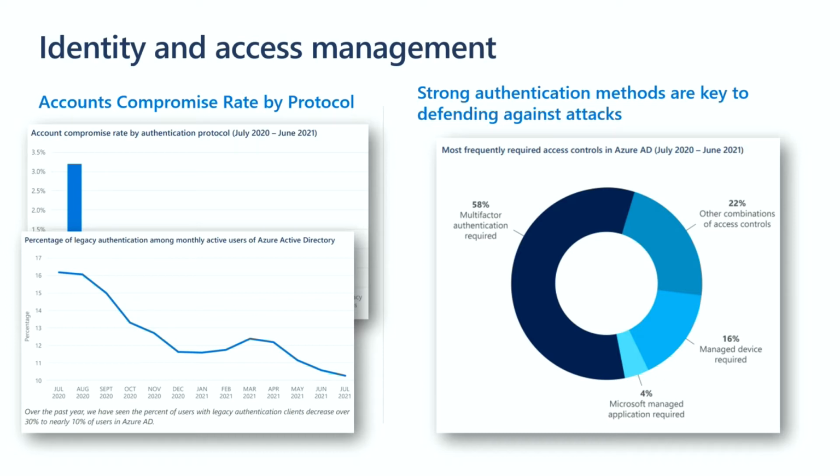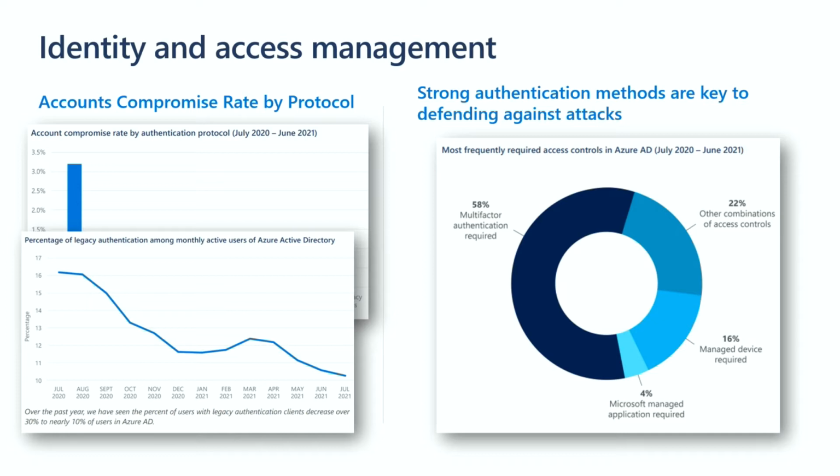Identity access management. Don't want to have all doom and gloom. Identity access management is definitely always an area of concern. But as we look at some of the old protocols, we'll talk about basic auth and legacy auth here in a little bit, they're still the ones of target. IMAP is a huge protocol targeted by attackers because it leverages legacy or basic authentication.